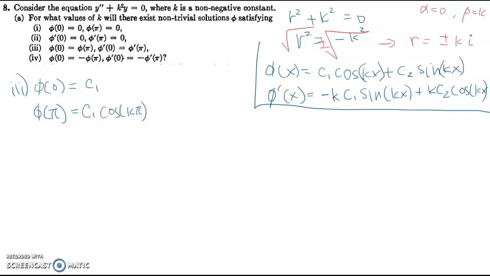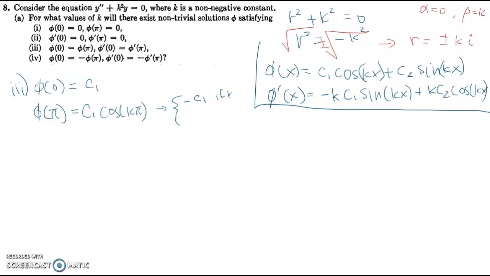And for this case, we're going to have two separate answers. One answer is that if k is odd, then we're going to get negative c1, because cosine of pi is negative 1, cosine of 3 pi is negative 1, and so on.